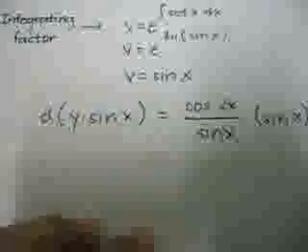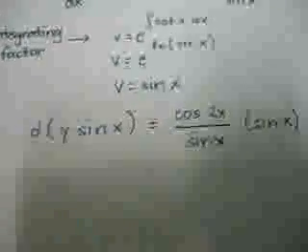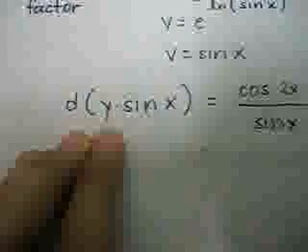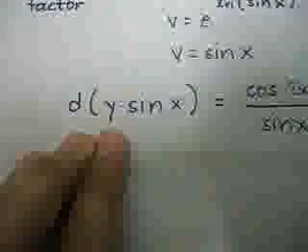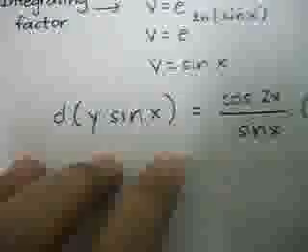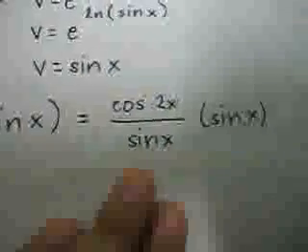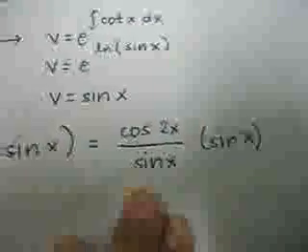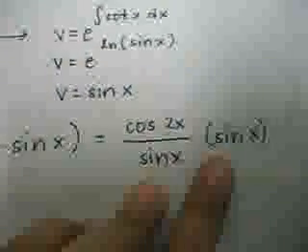Okay, so the next step in solving a linear differential equation is to get the derivative of the integrating factor multiplied by the dependent variable, which in this case is y. And then on the right side of the equation, we also multiply cosine of 2x over sine x by the integrating factor, which is sine x.